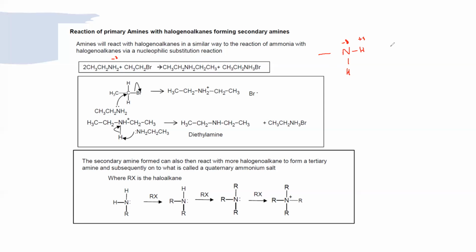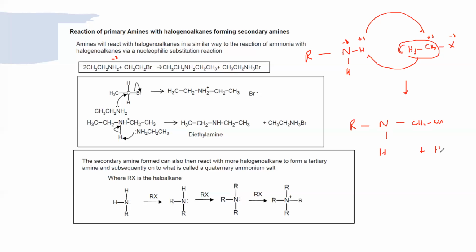And in alkyl halides, CH3, CH2 halogens are more electronegative than carbon, so the halogen will be partial negative and the carbon chain will be partial positive. The whole carbon chain will take the position of hydrogen. As a result, one carbon chain is already attached, the second carbon chain will also attach to nitrogen, and plus HX will be there.